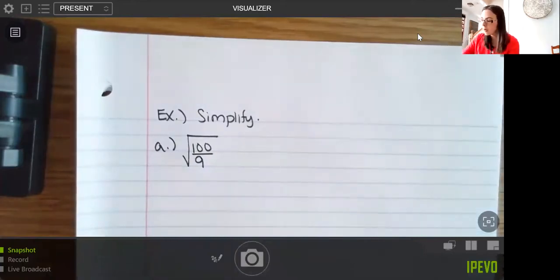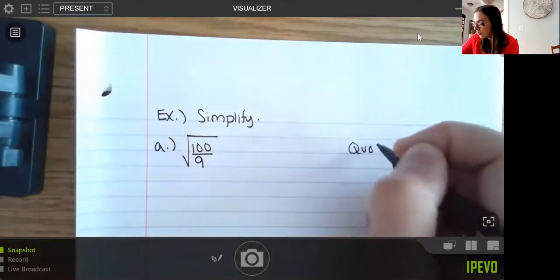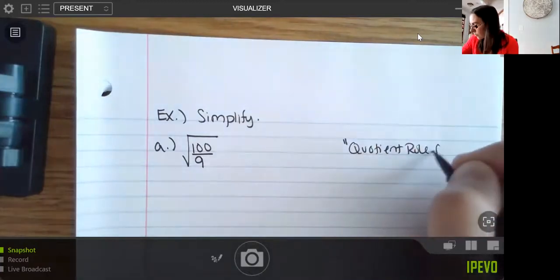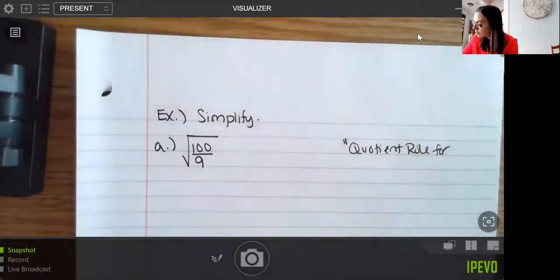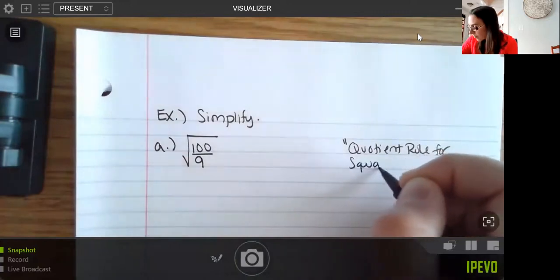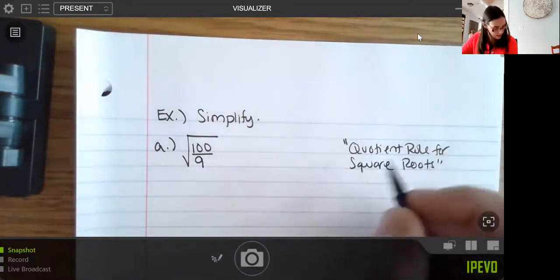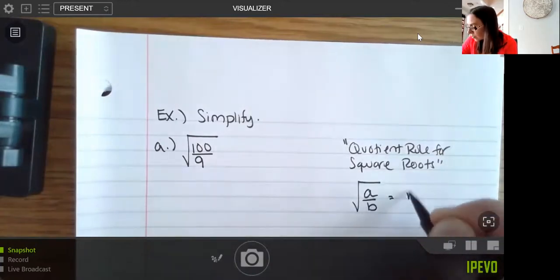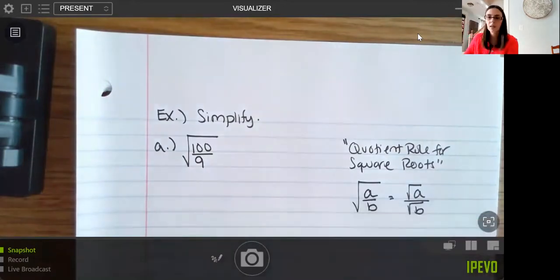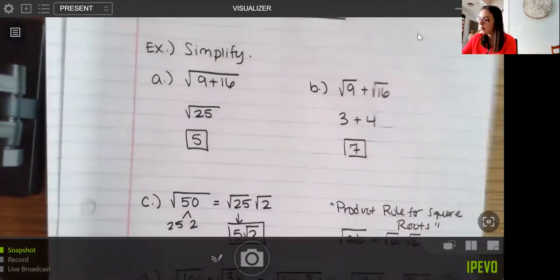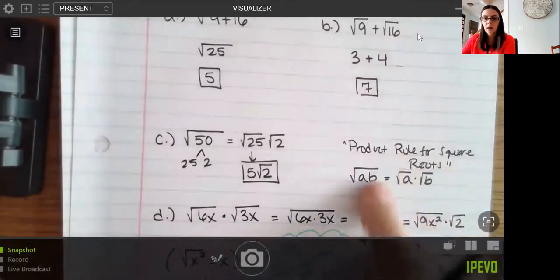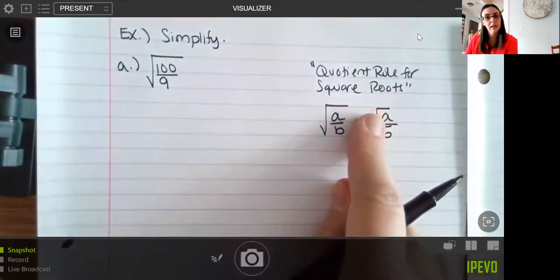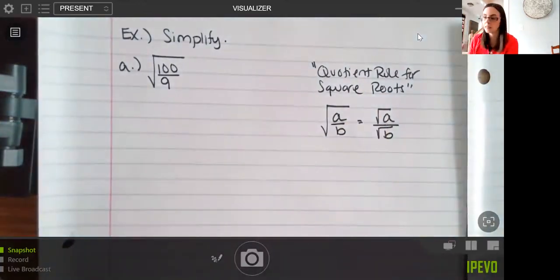So just like you have that product rule, we also have a quotient rule. And this says that if you have the square root of a quotient or a fraction, then you can, again, split that square root. So notice here that we're splitting roots for multiplication. So we have a product rule or for division, but we don't do it for adding and subtracting. So you just want to be really careful. We can only split here in certain cases.